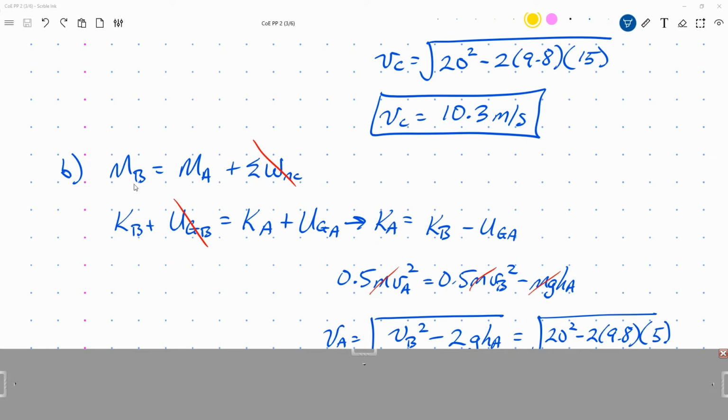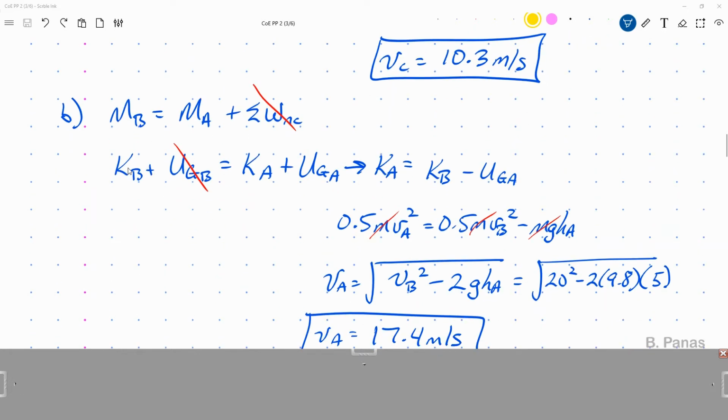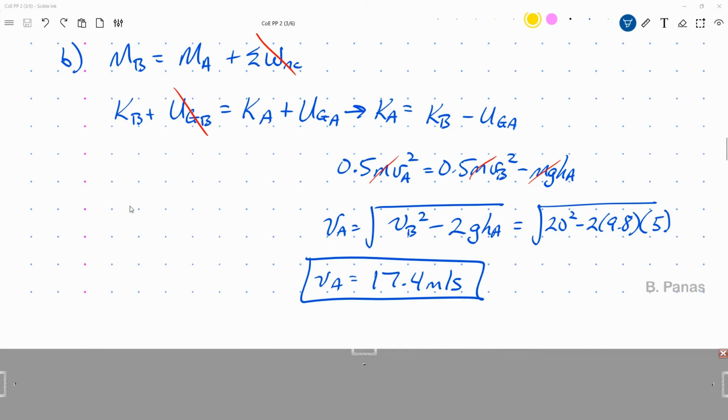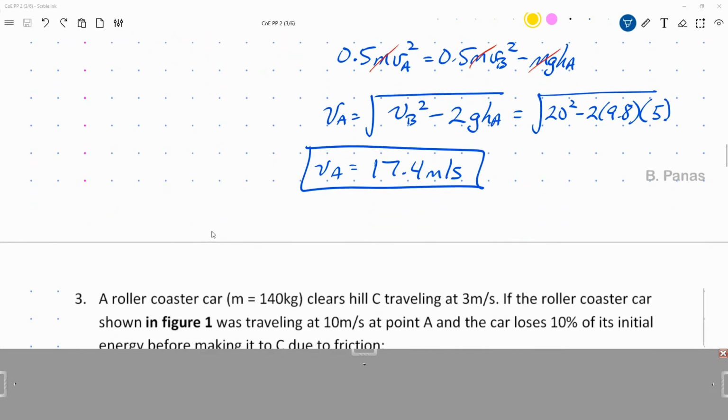It's always the mechanical energy at a later stage equal to the mechanical energy at an earlier stage plus the work that was done along the way. But like I said, it drops out here, so it wasn't quite so critical, but good to be aware of. So once we're there, it really becomes a duplicate sort of question. Work ahead, find the answer to be 17.4 meters per second. And that's it for B.